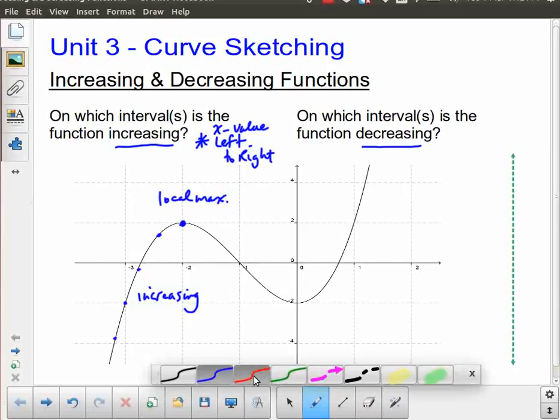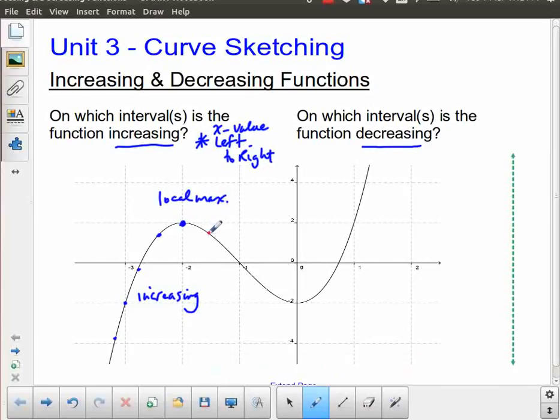I will switch colors now. Then, as we slide along from here to here to here, we have our function decreasing. And when it gets to this point, which I'll emphasize with a slightly larger point, we have a local minimum.